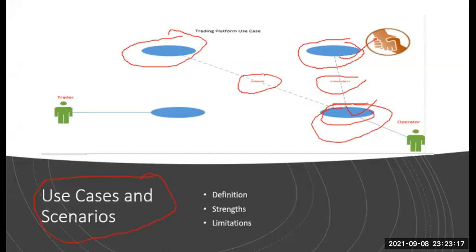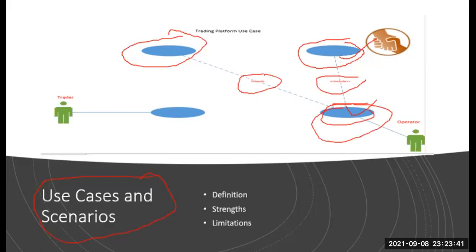Whereas includes: when you want to allow the use case to make use of functionality present in another use case, then you use includes. The included use case does not need to be a complete use case in its own right, but it's triggered whenever the main use case is triggered.